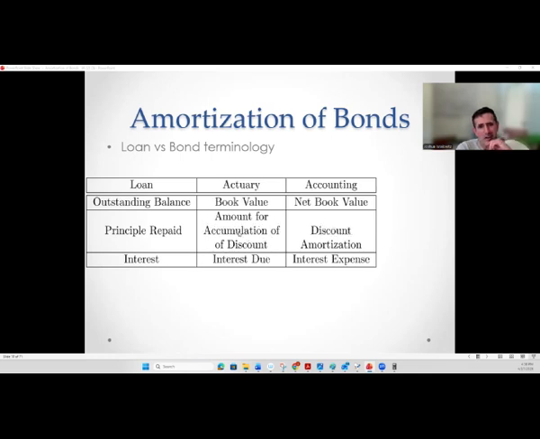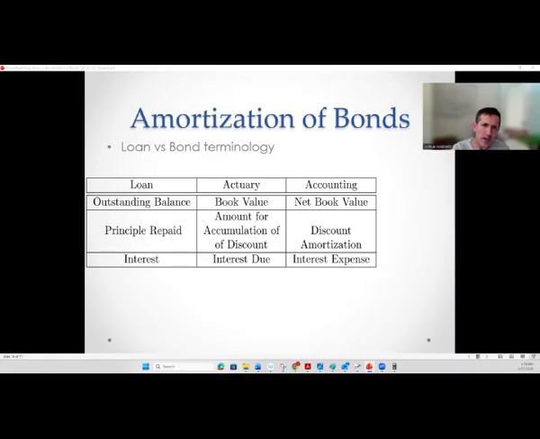If the bond is bought at a discount, then the principal repaid is called the amount for accumulation of discount. Gotta be careful. I'll do an example to illustrate. They'll give this to you as a positive quantity, but the principal repaid, if you buy the bond at a discount, is negative. So if you're going to use your principal repaid formula, you gotta make sure you have a minus there.